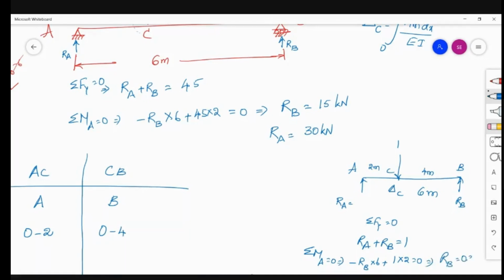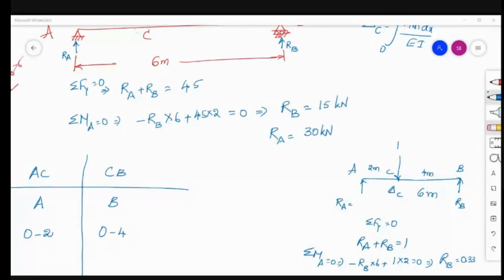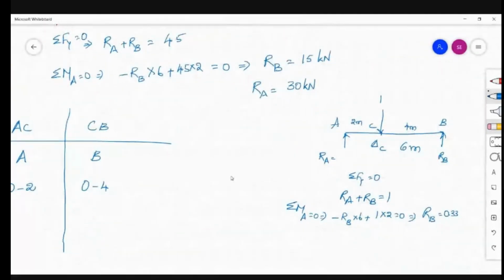RB is 0.33 and RA is 1 minus 0.33, which is 0.67. I am not writing any unit for this one, because this is a unit load.